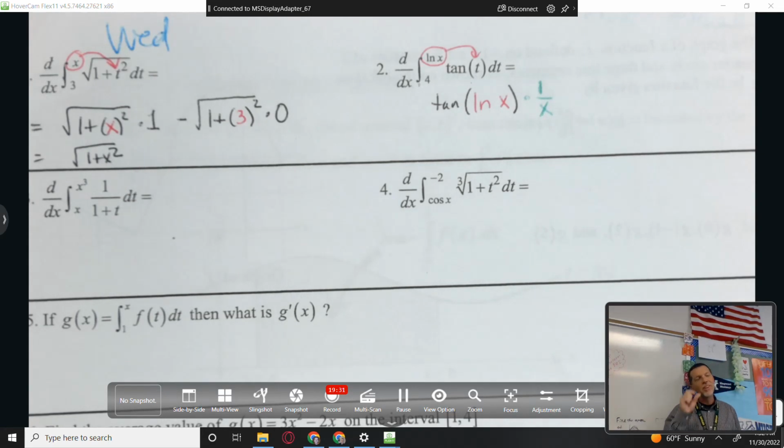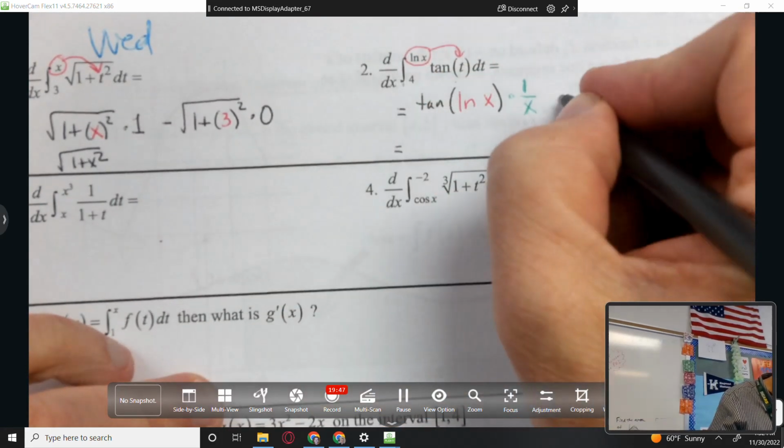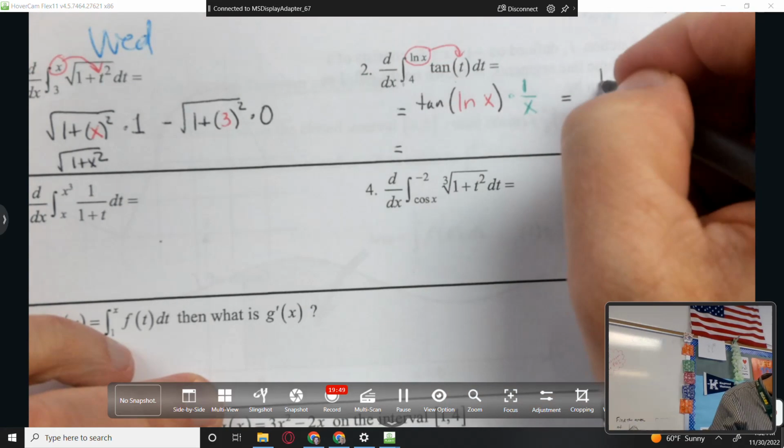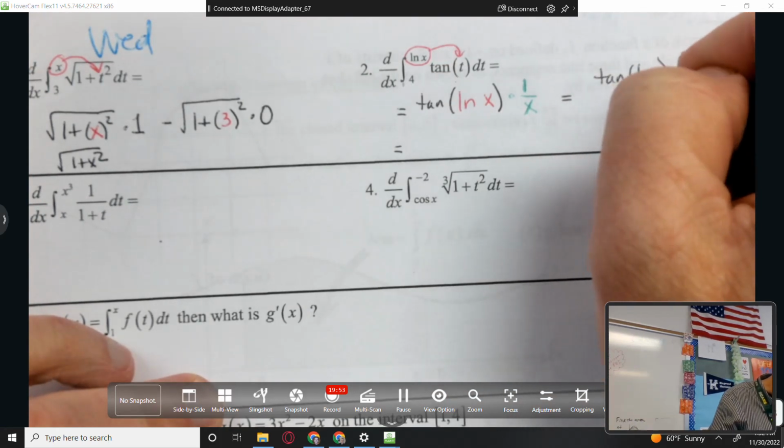I'm sort of emphasizing the piece by piece of it here. All right, do you want to plug in 4? Or can you give me a reason to skip that step? It's a constant. So the chain rule of 4 would be 0. So if you want to write it out to kind of convince yourself, fine. If you want to just skip it because you know it's going to give you 0, that's fine too.